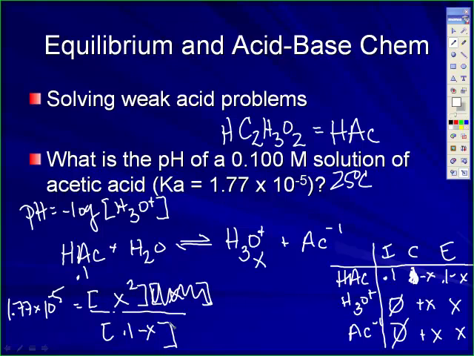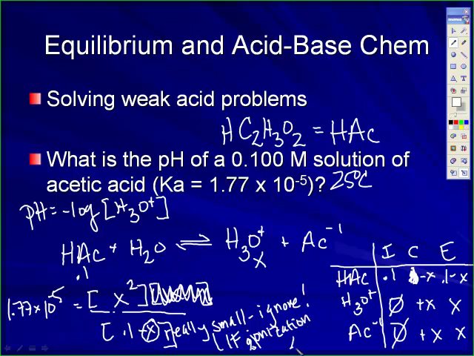Now here's the thing. Without having to factor and use the quadratic equation, because if we factored this all the way out, we'd have to solve this with the quadratic equation, it turns out that this is going to be really small, so you can ignore it. It is going to go down by some amount, but such a small amount that you can ignore it if percent ionization is less than 5%.